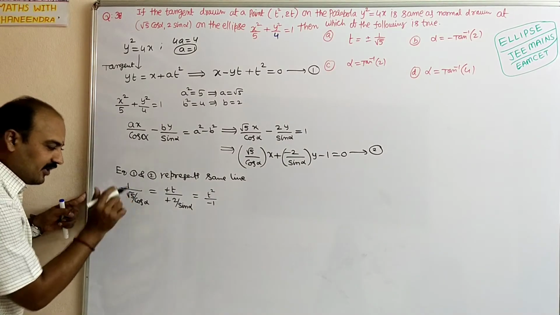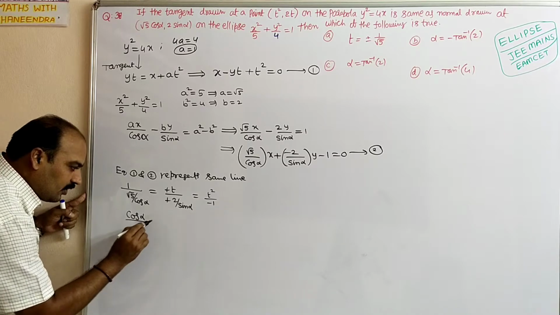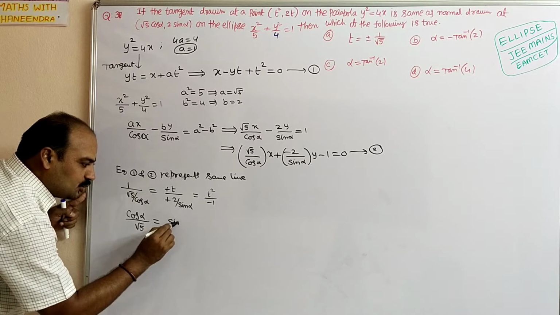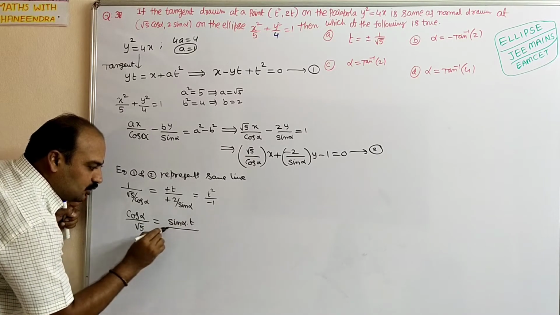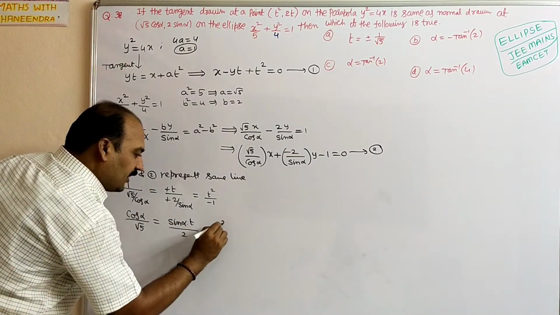Now, cross multiplying, cos alpha by root 5 equal to sin alpha into t divided by 2, which is equal to minus t square.